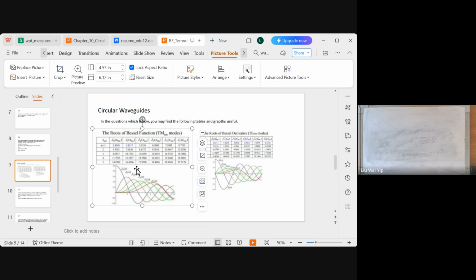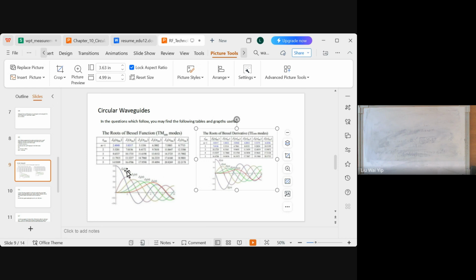the table. And you also have another table, the so-called roots of the derivative. These are the solutions to the equation with the derivative of the Bessel function, and we equate this to 0. So the difference between these two tables lies in the derivative.